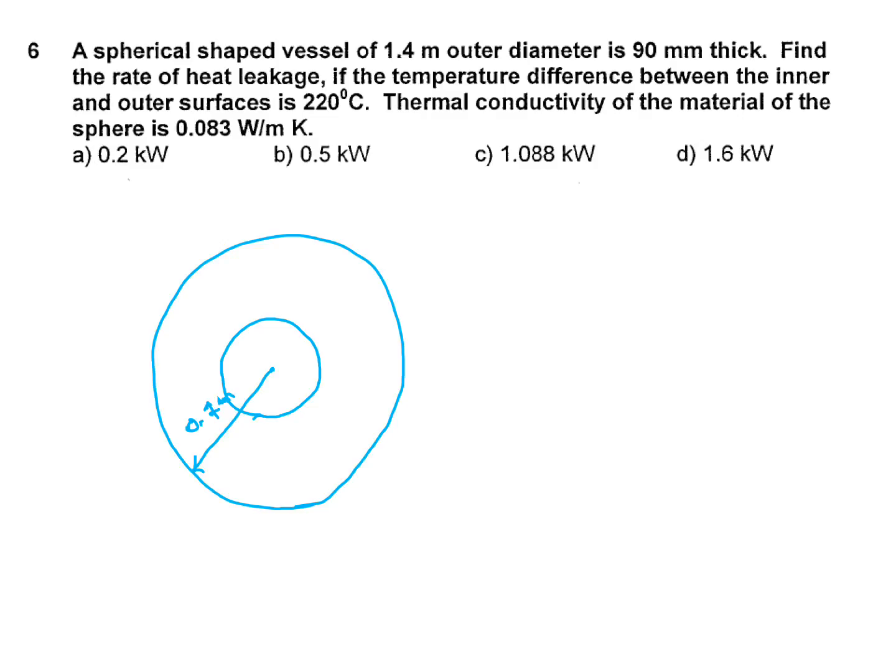0.7 means 700 mm, minus 90 mm thickness. We'll get 610 mm inner radius.